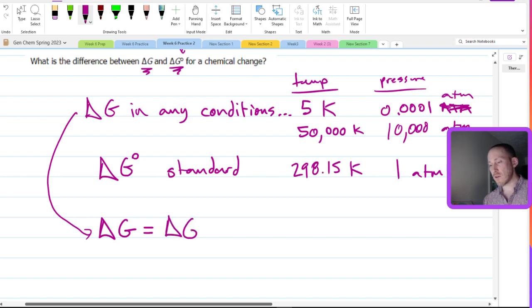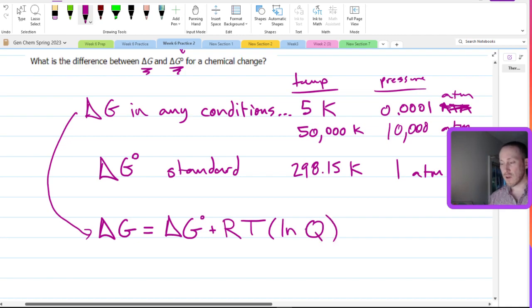And what you need to know to do that is your delta G standard, and you're going to add R, which is the gas constant, the temperature in Kelvin, times the natural log of the Q that we talked about earlier, the reaction quotient.